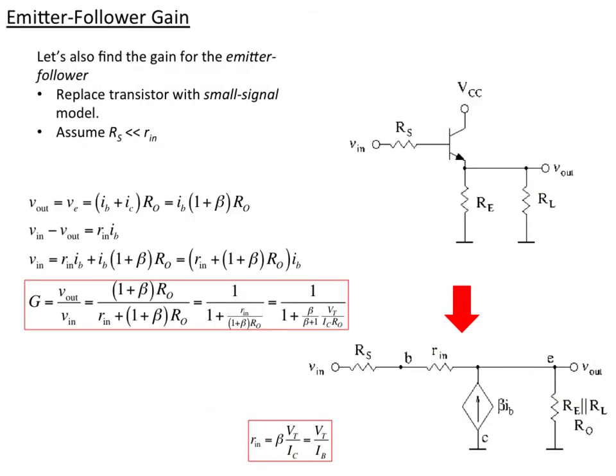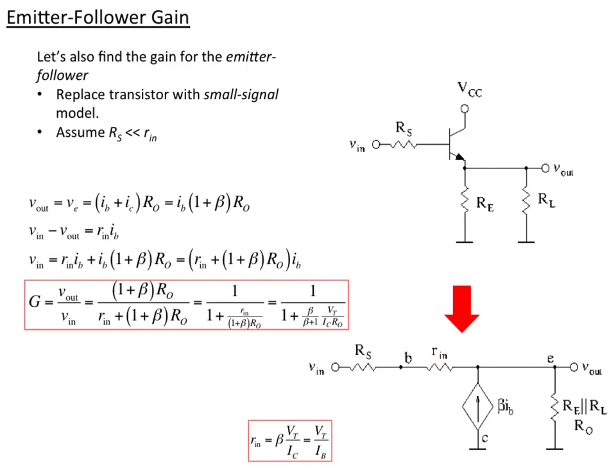We can do the same kind of analysis for an emitter follower. We take this and we replace it with a small signal model. Again, we're going to assume that the source is much smaller than the resistor. That basically just means we'll have to add them together anyway.